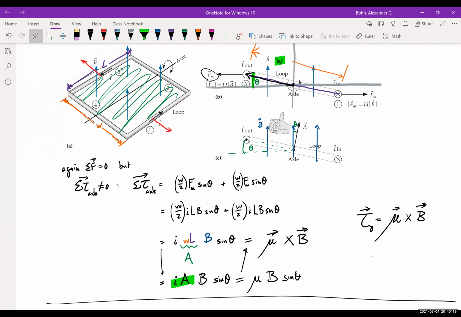For magnets, we care about current, not charge, and we care about area, not length, but otherwise, same idea. This trick works if we define vector mu as the current times the area vector.